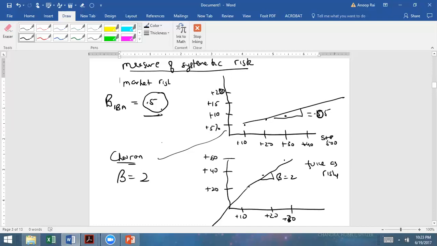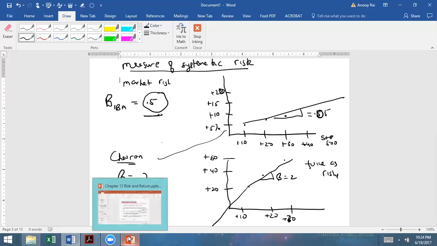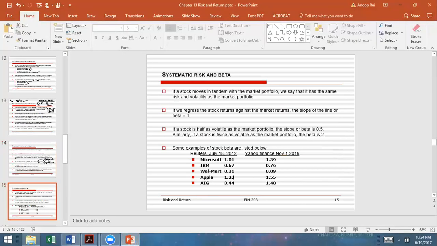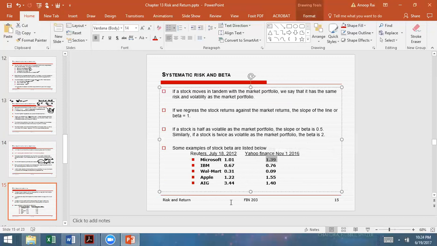So there are various ways to measure the beta. Companies use mostly this formula, but they add on certain things and fine tune it a little bit. For example, Reuters and Yahoo Finance, these are some of the numbers that I got from previously and of today. We saw in 2012, Microsoft's beta was 1.01, but in November 2016, it was 1.39.